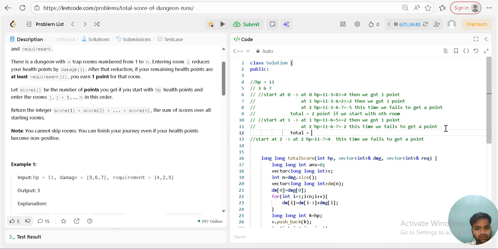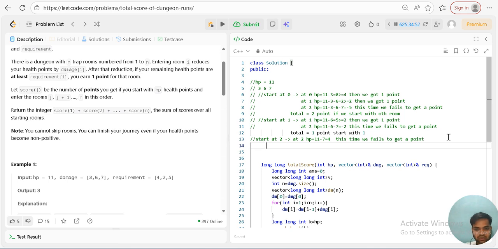Total 1 point, start with 1, and here total 0 points, start with 0.